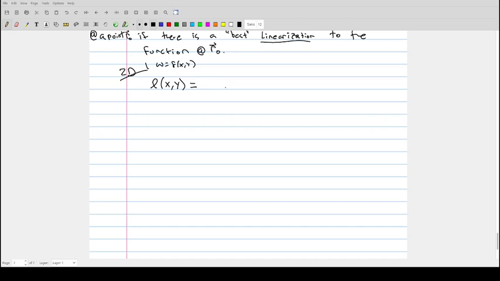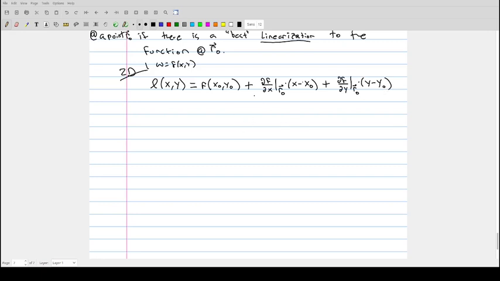L of x y is equal to the value of the function at the point x naught, y naught, or at r naught, plus df dx at r naught times x minus x naught, plus df dy at r naught times y minus y naught.